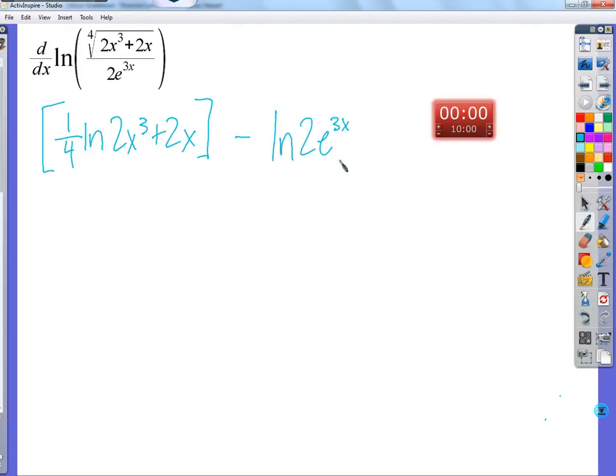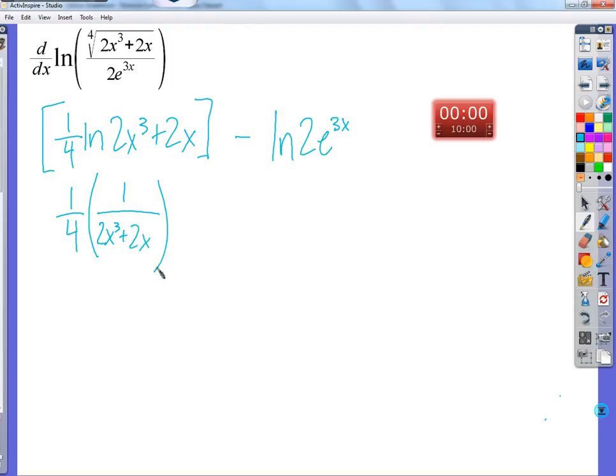Okay, and then the derivative of the natural log is 1 over that thing. Derivative, not the antiderivative, okay. That's what I meant. Taking 1 fourth times 1 over 2x cubed plus 2x.